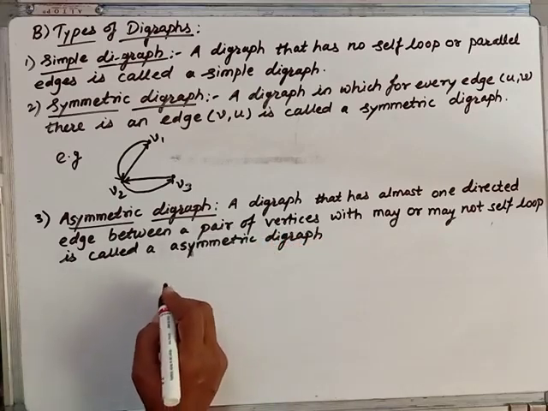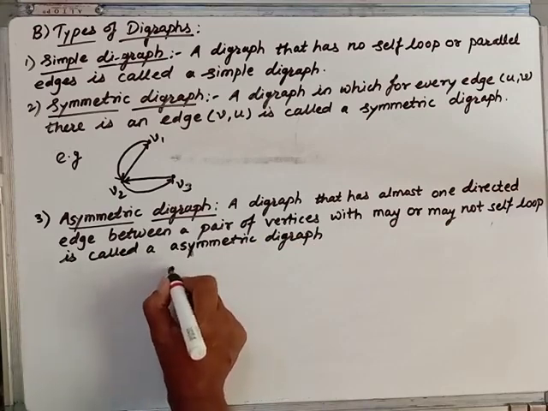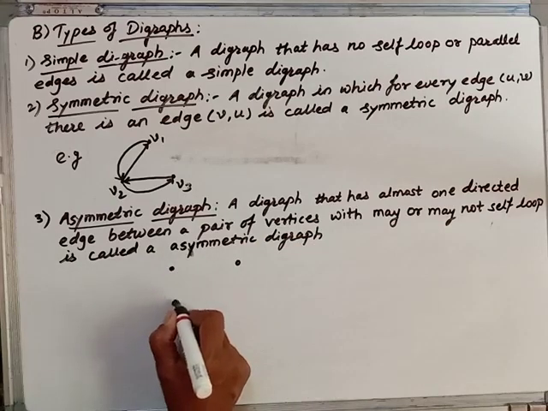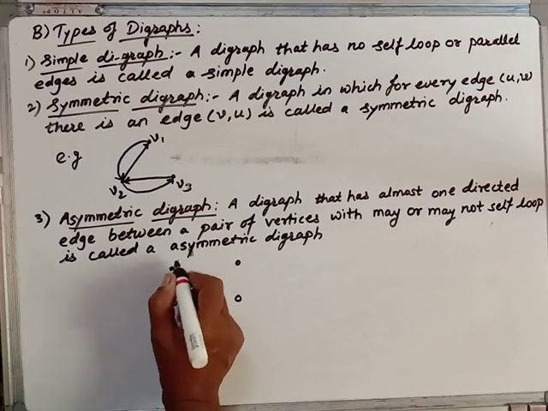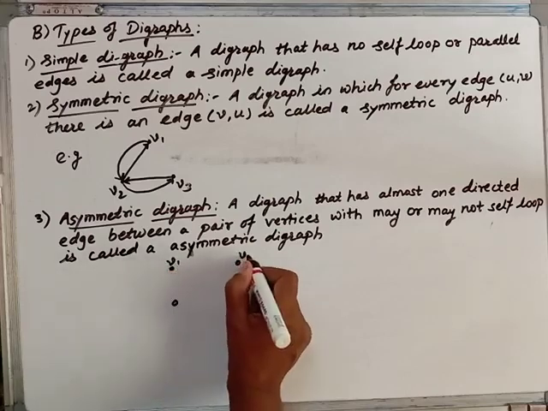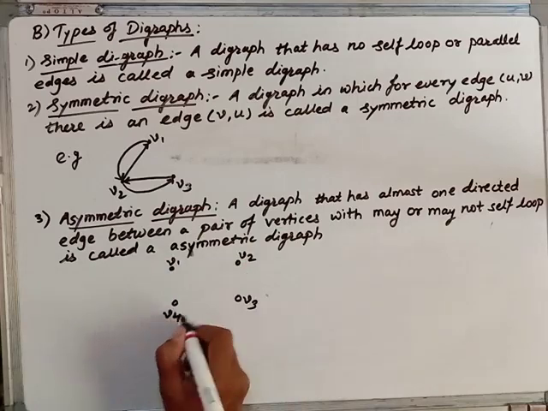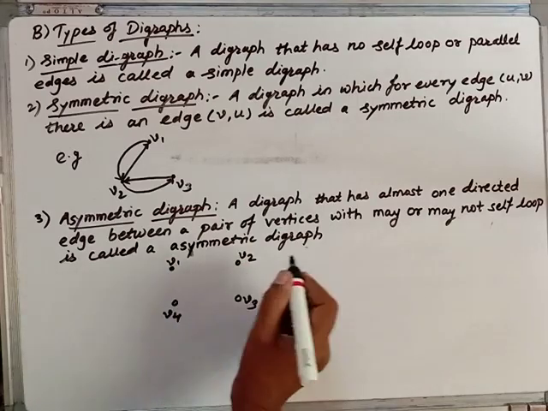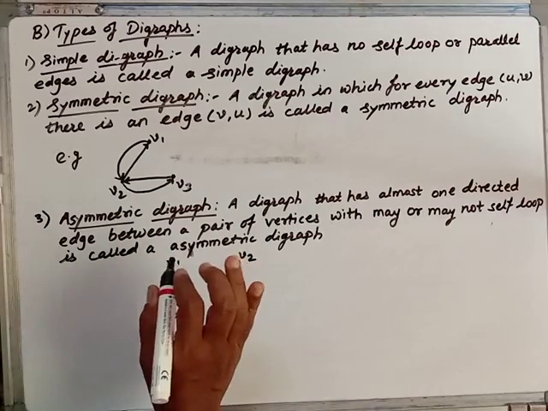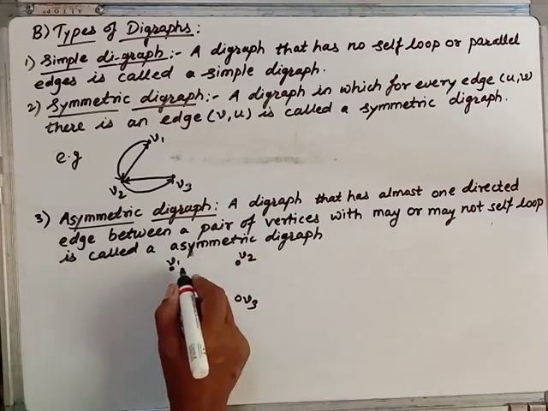For example, V1, V2, V3, V4, at most one directed edge between a pair of vertices.